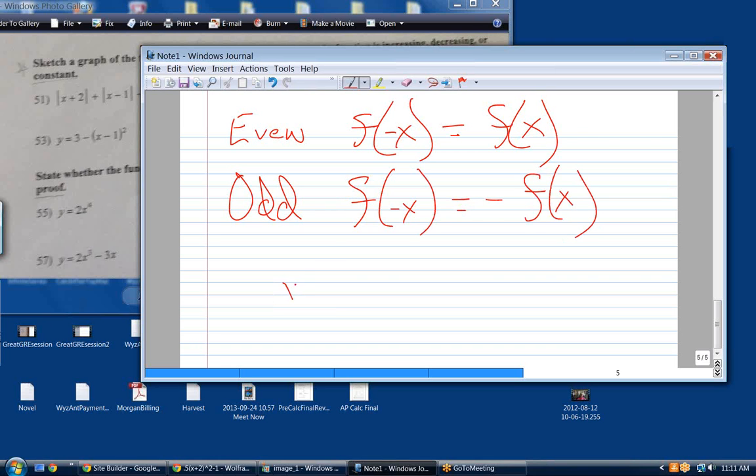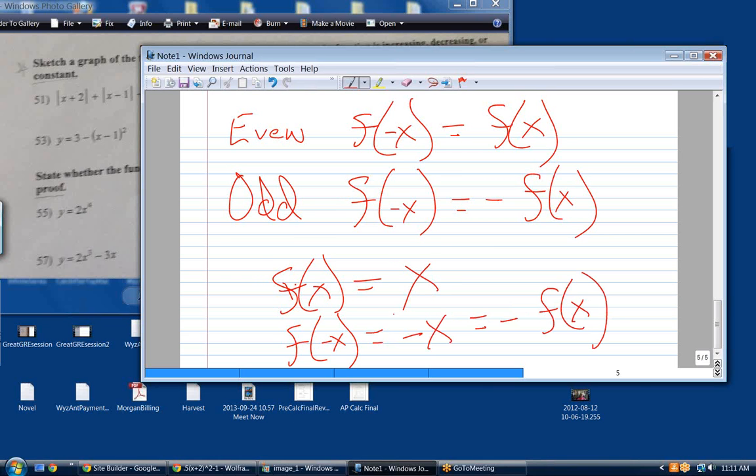So if I had f of x equals x, what's f of minus x equal? -x. Which is negative f of x. So is this even or odd? Even? It's odd.